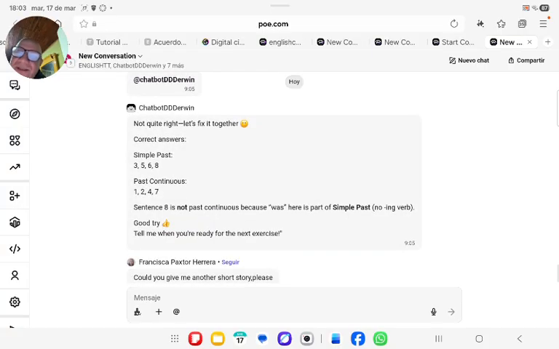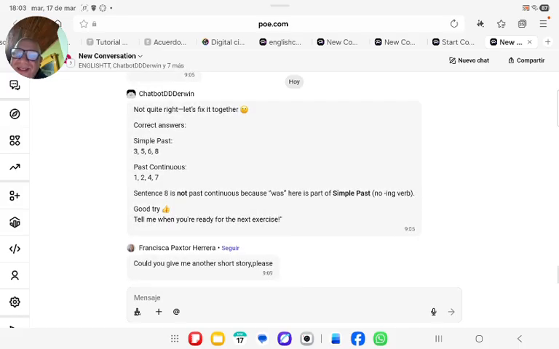The chatbot wrote the following: "Not quite right. Let's fix it together." And the chatbot gave feedback because it wrote that sentence eight is not a past continuous, because the word "was" here is a simple past, no -ing verbs.